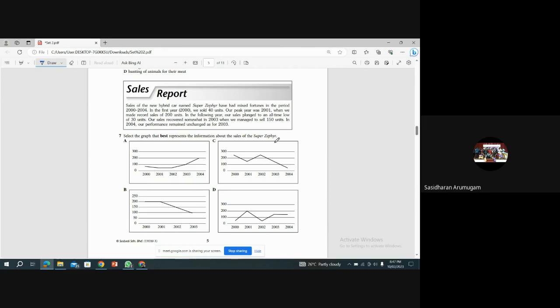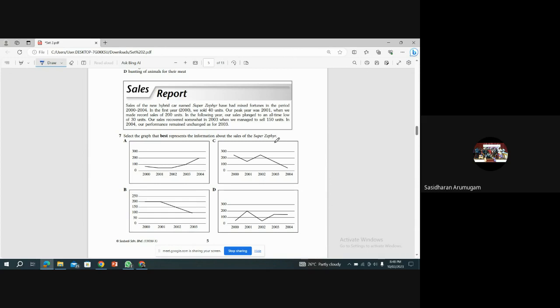So in the first year, 2000, we sold 40 units. Our peak year was 2001, where we made record sales of 200 units. In the following year, our sales plunged to an all-time low of 30 units. Our sales recovered somewhat in 2003 when we managed to sell 150 units. In 2004, our performance remained unchanged as for 2003.